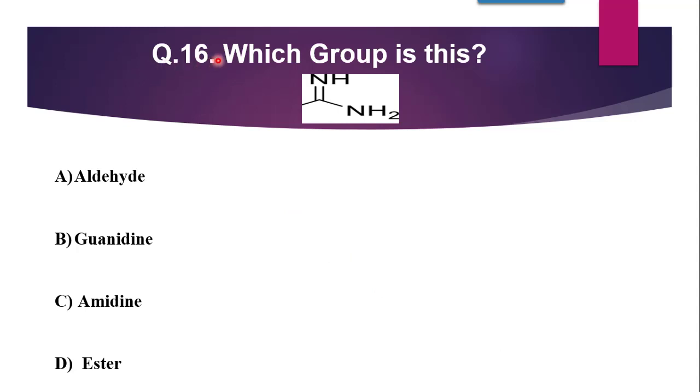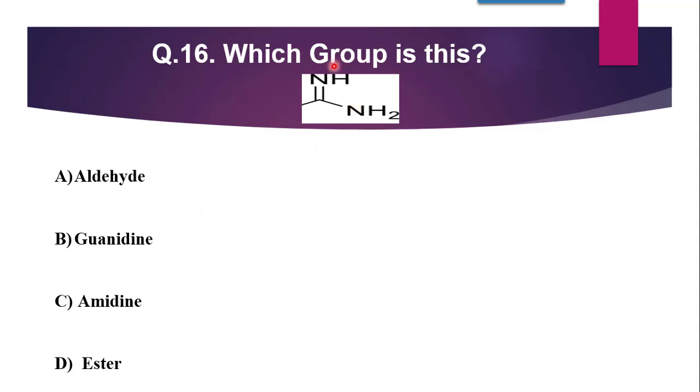Then coming to question number 16, which group is this? We just saw NH2, C double bond NH and NH2, that was guanidine, and at that time I told you that when it is not attached to any further nitrogen, or this NH2 can be replaced with any substituent, then C double bond NH, NH2 can be written as amidine.